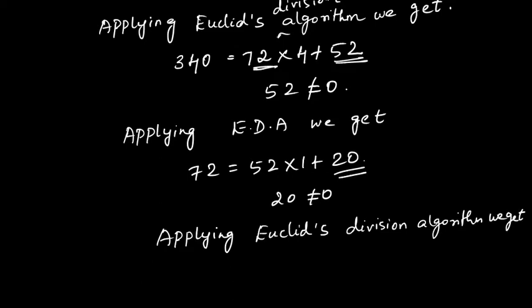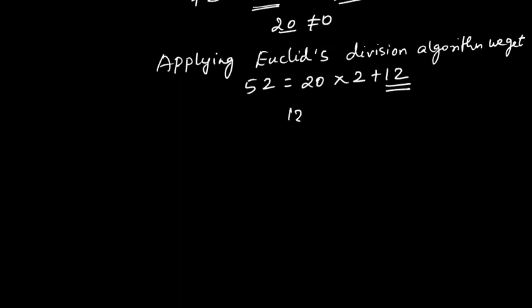So write 52 in terms of 20. So 52 is equal to 20 into 2 plus 12. Again the remainder is not equal to 0. So apply division algorithm again.